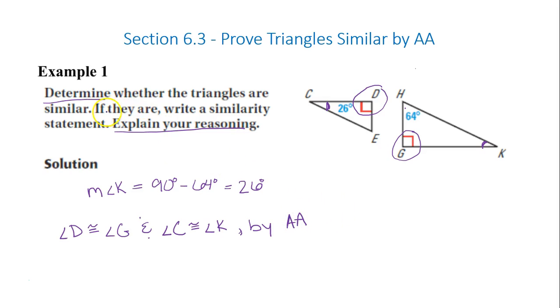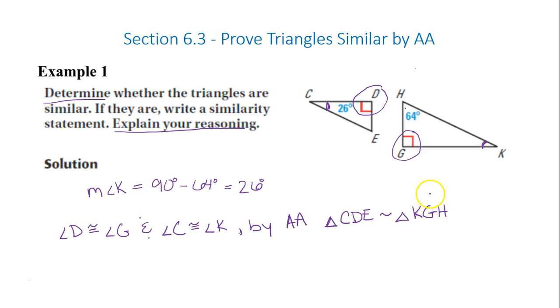and then it says write a similarity statement, meaning what two triangles are similar to one another. So by angle, triangle CDE is similar to triangle KJ or GH.